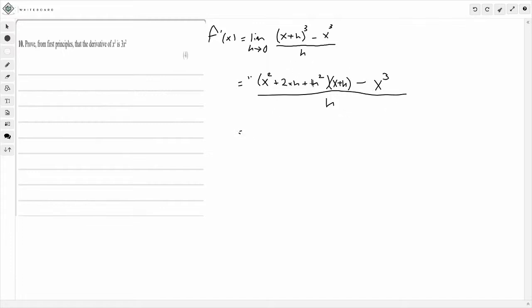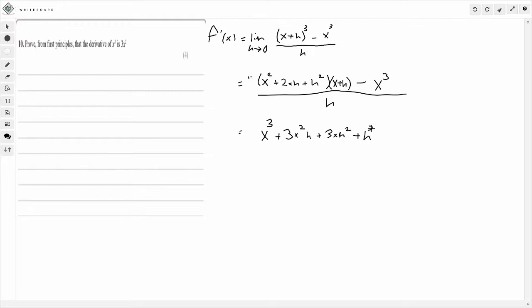Well, let's expand this again and work this out. So I'm going to write the simplified form. You'll get a few more terms, but if you simplify it correctly, this is what you should get. So you should get x cubed, plus 3x squared h, plus 3x h squared, plus h cubed.